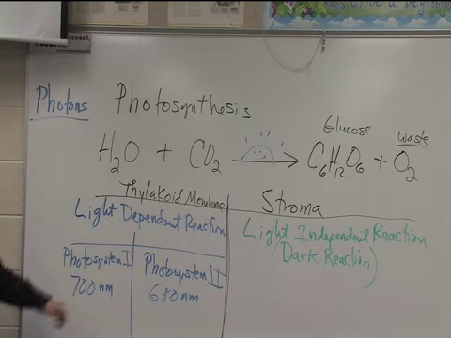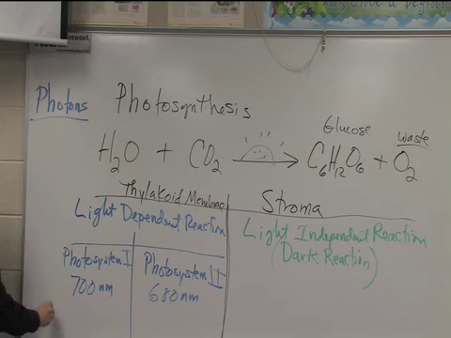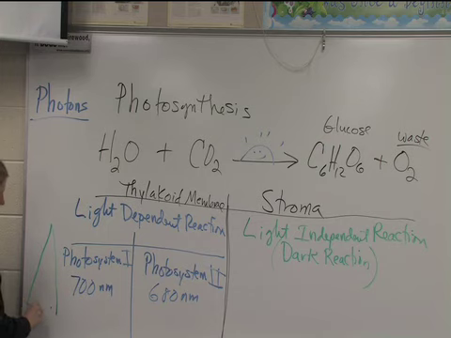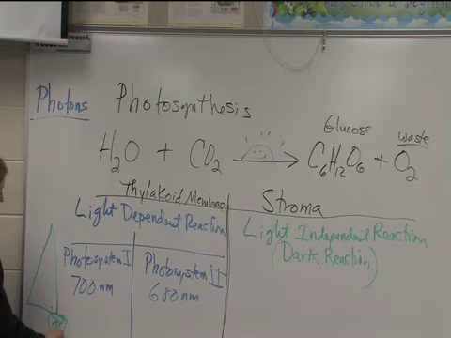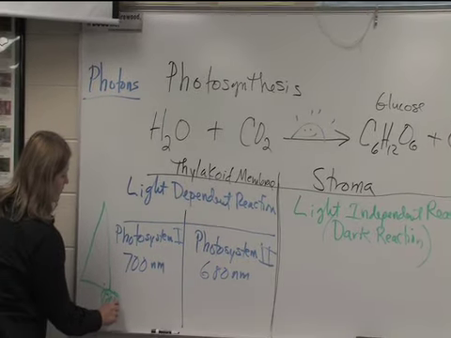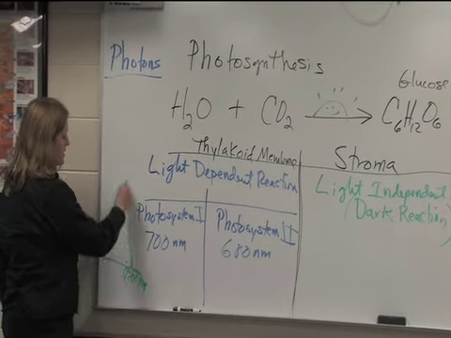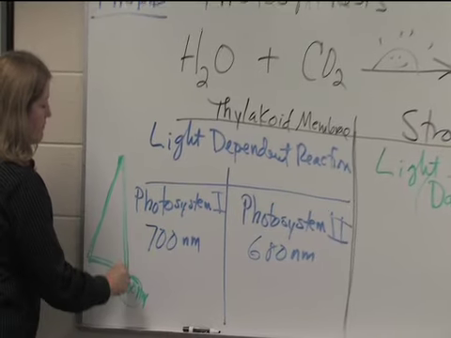So in our photosystem 1, electrons get excited, and when they get excited, they're going to jump up, and they're going to fall down this cytochrome system, and then go back into their pigment 700 nanometer. So they're continually jumping up when they're excited and falling back.